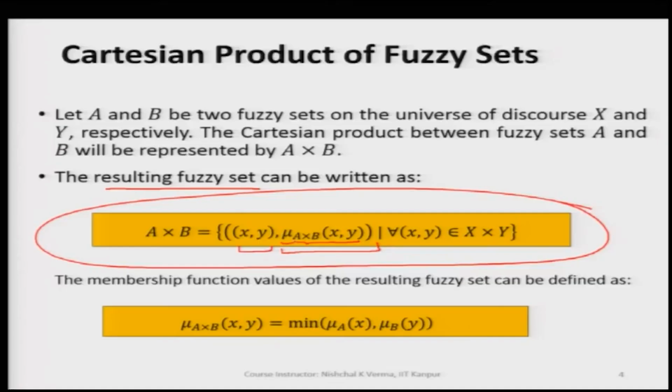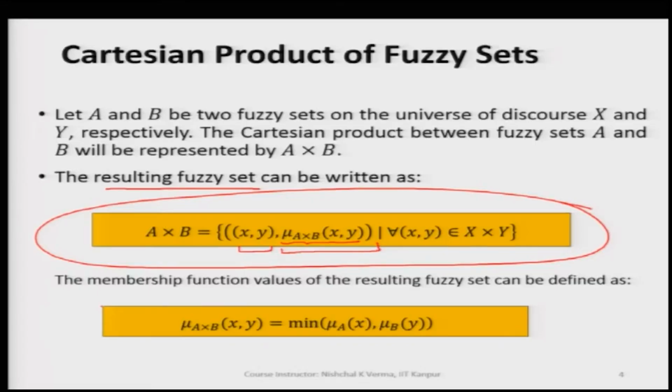This is because it is a fuzzy set, and mu is important because all the ordered pairs will have their corresponding membership values. That is why mu A cross B has been added along with the ordered pairs. This is a very important point that has to be noted. We already discussed this when we were discussing the difference between a crisp set and a fuzzy set.